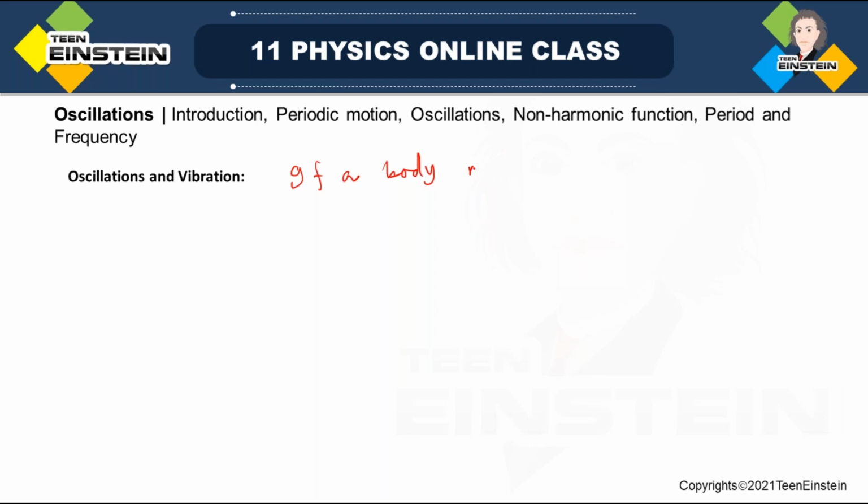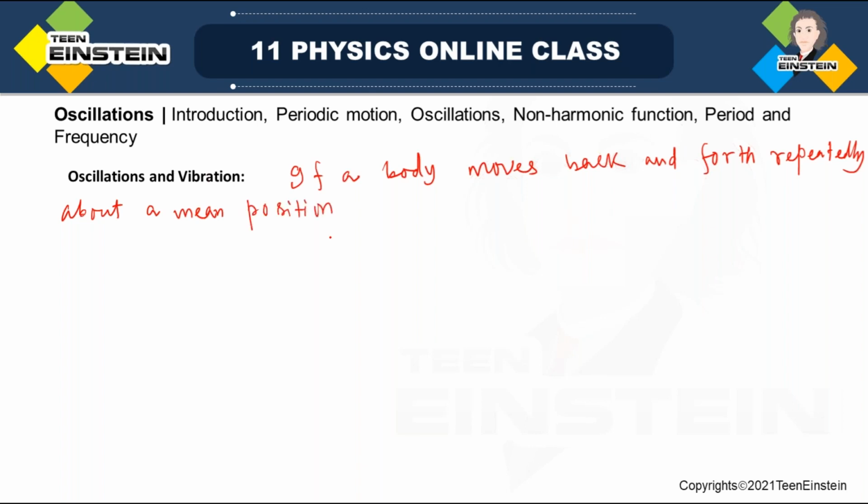If a body moves back and forth repeatedly about a mean position, mean position meaning sometimes the equilibrium position, then its motion is called an oscillatory motion.